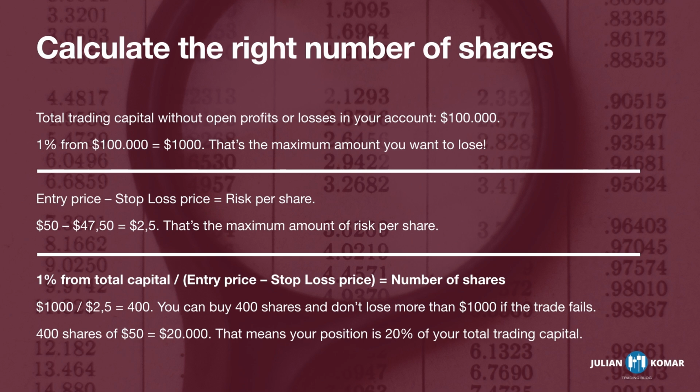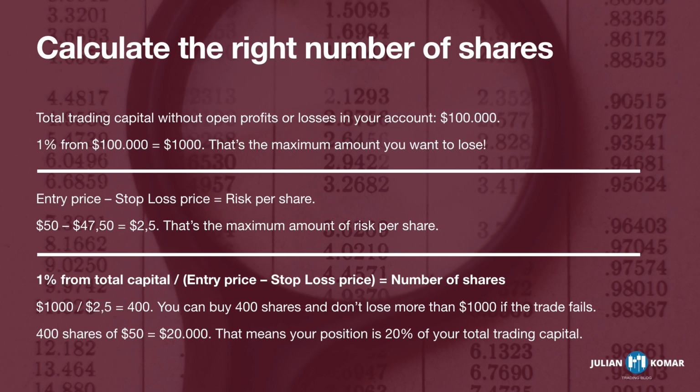And in my case, I take 1% from this total trading capital, and here it's 1% from 100,000 US dollar, so it's 1,000 US dollar, and that's the maximum I want to lose as a trader.